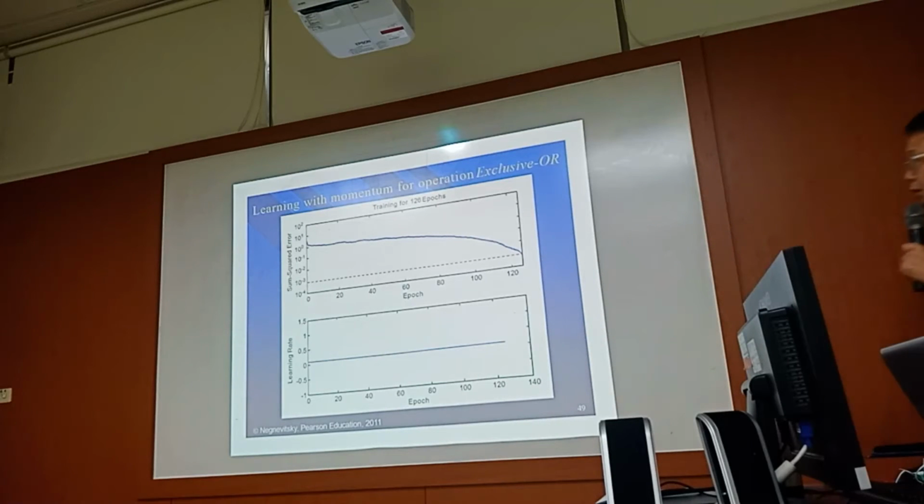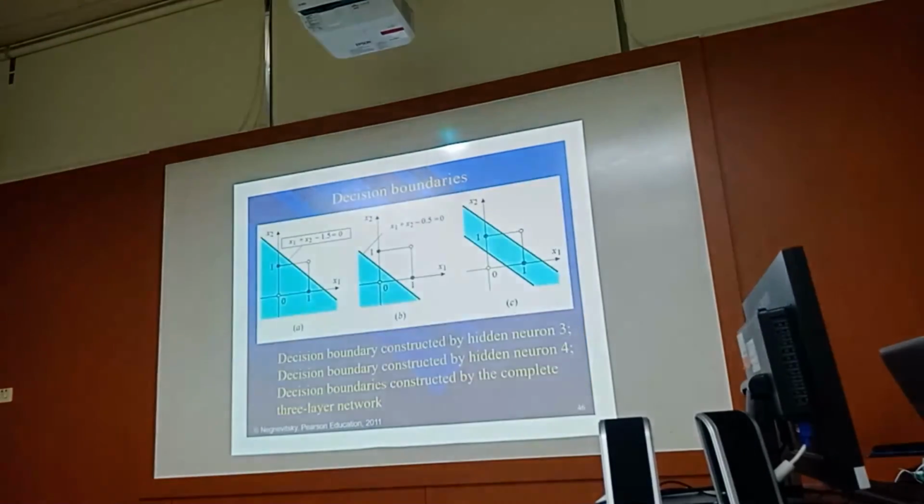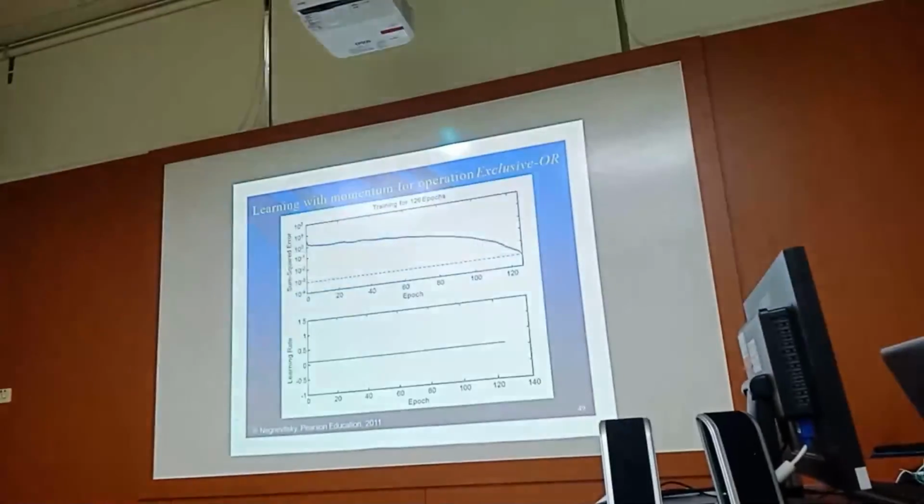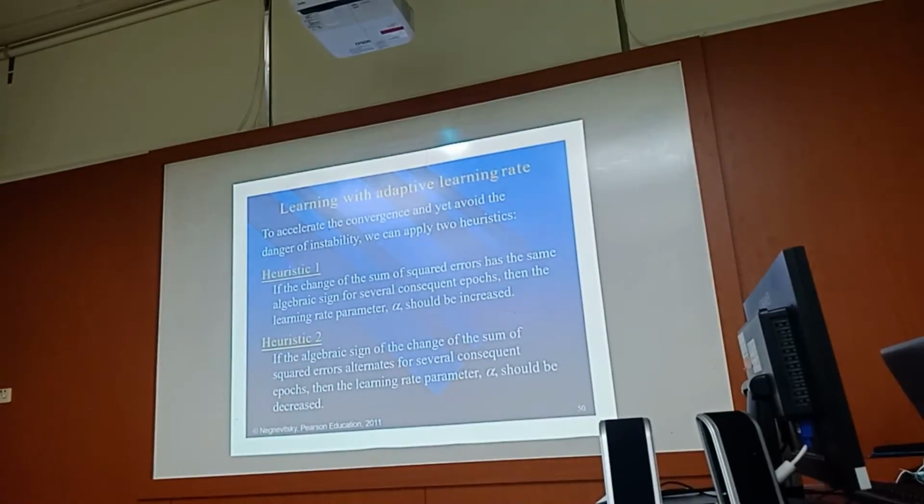Sum of square error. So this is a summary of the most important part of how to train the neural network.